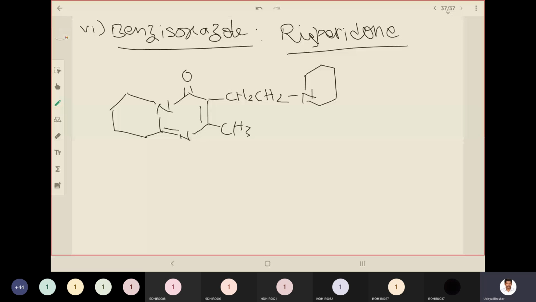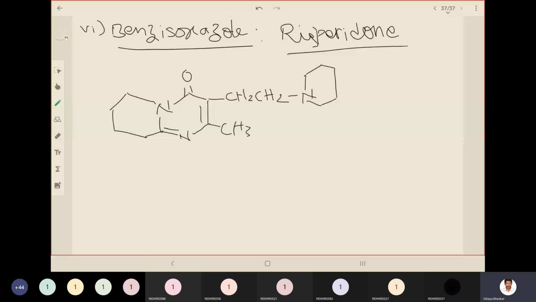Beta aminoketones and benzamides. We remain with these two structures. The seventh category is beta aminoketones.